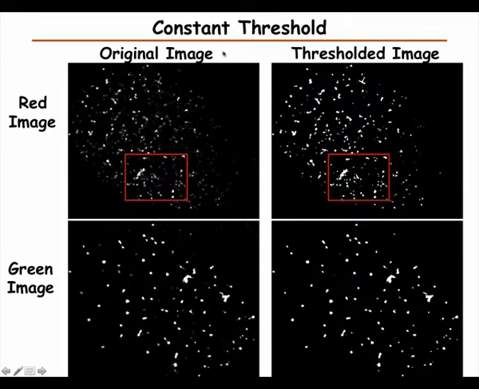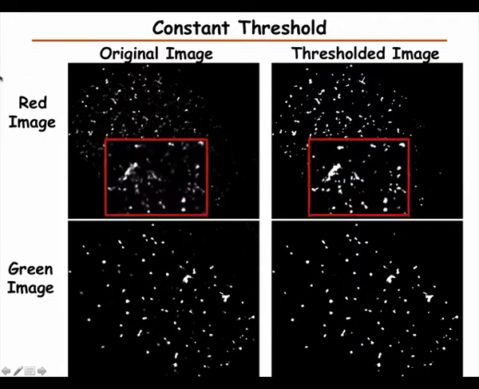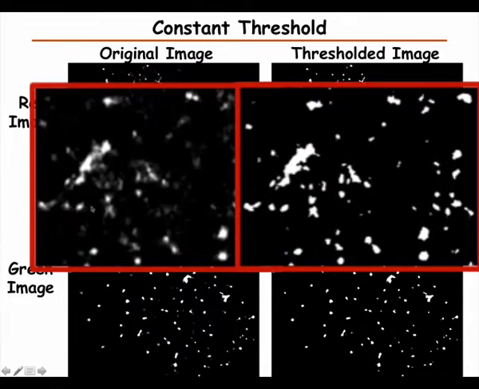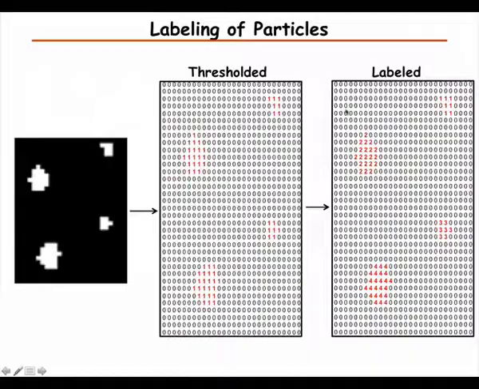Now they don't look so different probably, but we can zoom in and see that in this case we have a grayscale, so we have different intensities, and in the thresholded image we have it either black or white. So now we have our particles, and we can then apply another Python routine to label them.